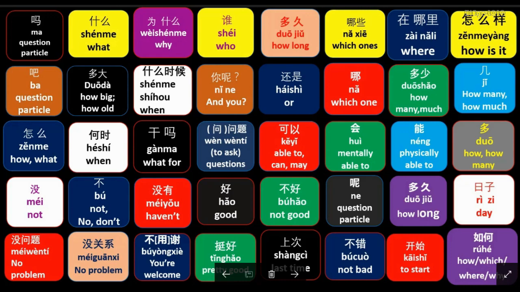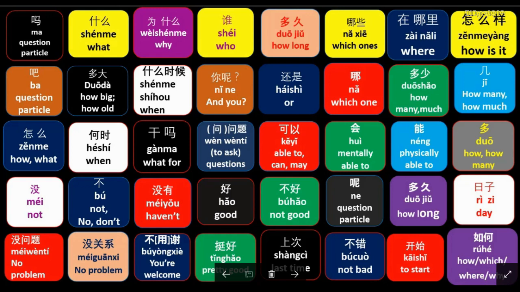Okay, wonderful. Now let's finish up on the last column. We have 怎么样. If you remember on the first column we had 怎么, which is the third one there, if you're going down, which you said means how. 怎么. Now we simply add in the part 样 at the front there, which then changes the question from how to how is it.